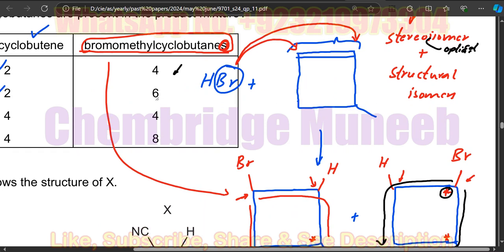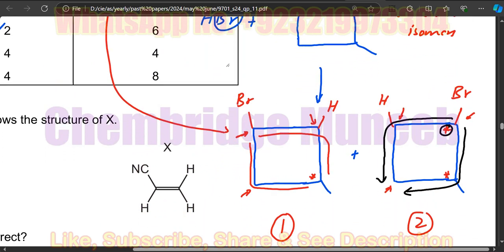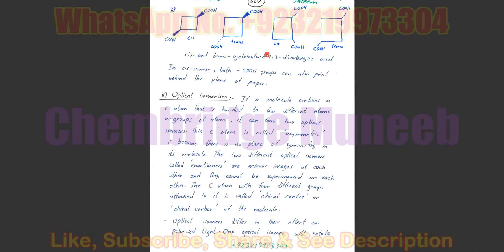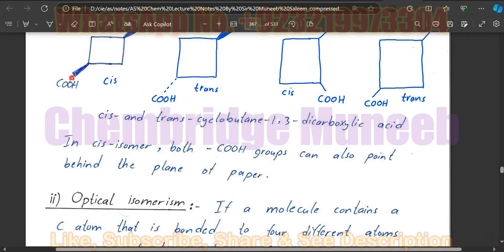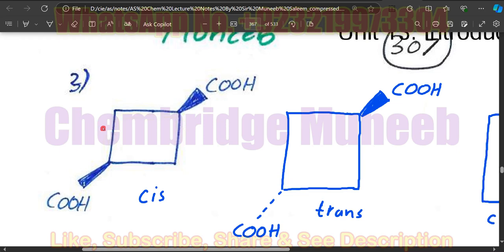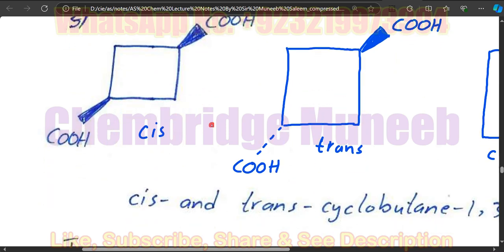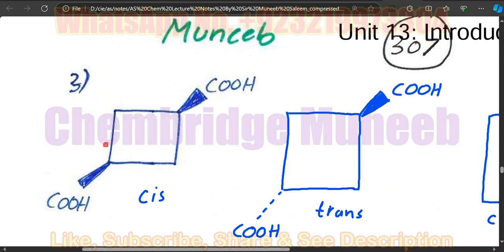I have to include one more topic over here, which is on the cis-trans isomers of this type of compound. For this purpose, I have to show you my notes. Now this is a page from my AS chemistry notes. On this page, we can see that if we have a closed figure which contains 4 carbon atoms, then there is a cis isomer and there is a trans isomer of the same compound, but we have to consider the 3 dimensions of the attached side groups as well.